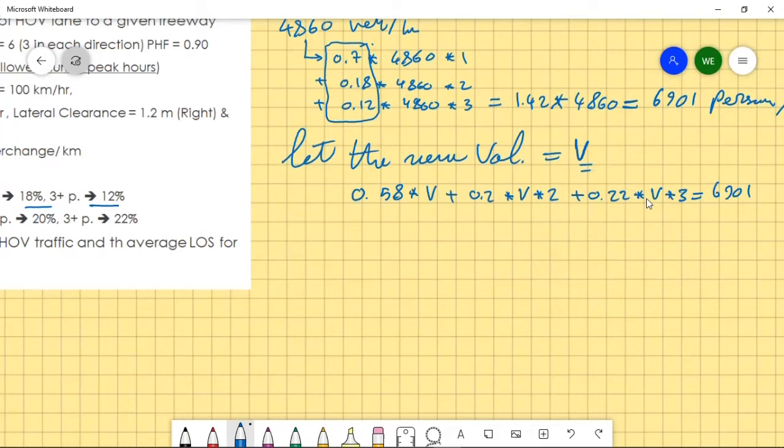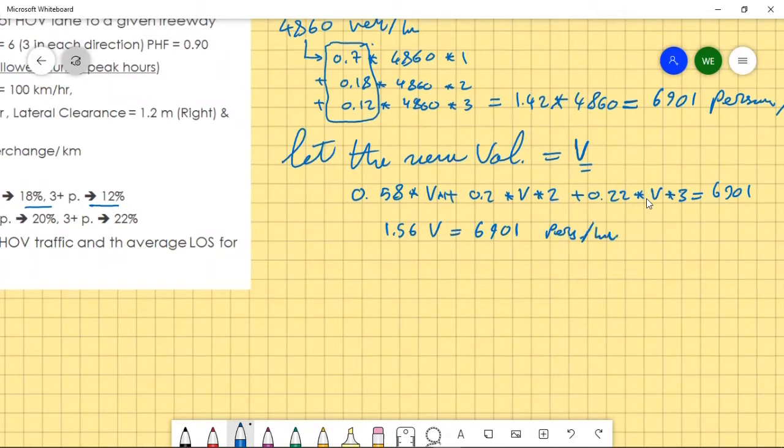and we are going to convert this volume into the same person trips. So we're going to multiply V by 0.58 multiply 1 plus 0.2 multiply 2 plus 0.22 multiply 3. So we have 1.56 V equal 6,901 person trips per hour.